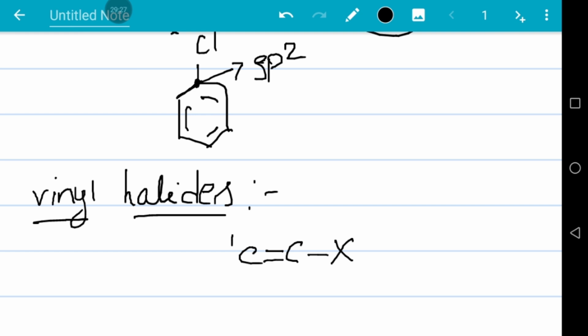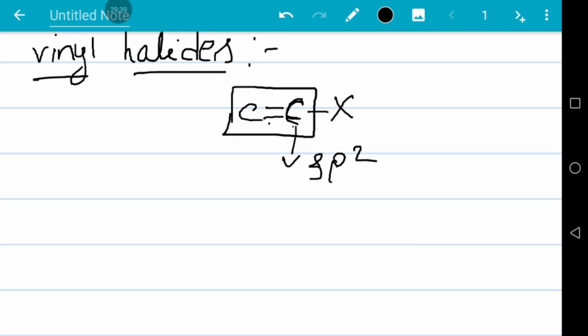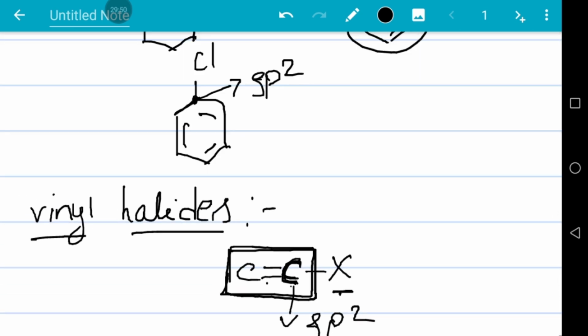Here halogen is directly attached to the double bonded carbon. Here halogen attached carbon, this one. So this carbon around double bond is there. So that's why it is a sp2 hybridized carbon. So vinyl halides means halogen is attached to sp2 carbon of a double bond. So this is known as vinyl halide.